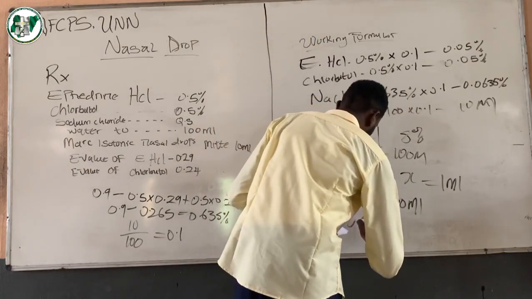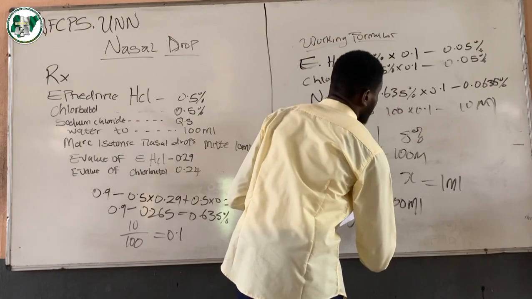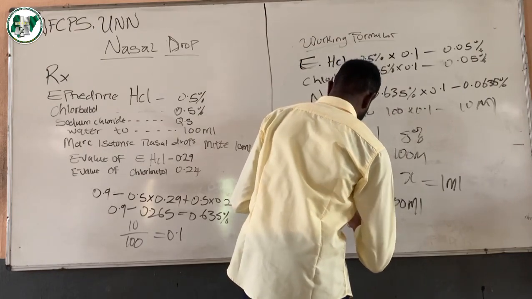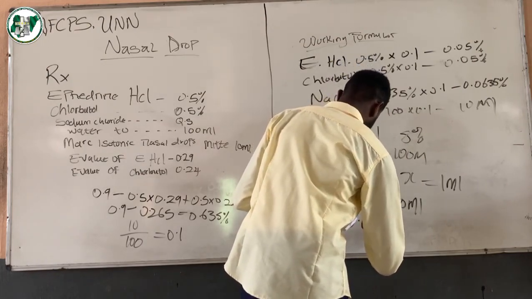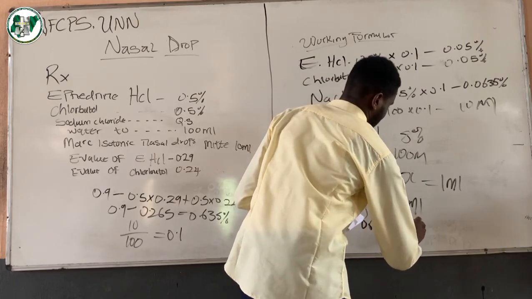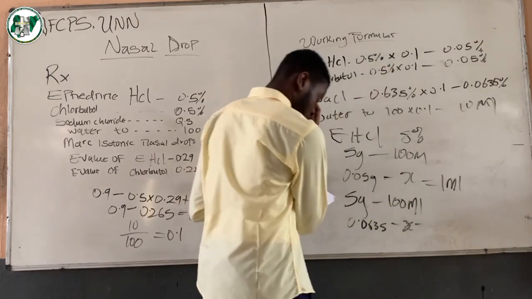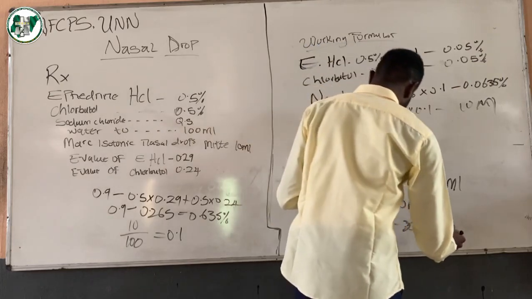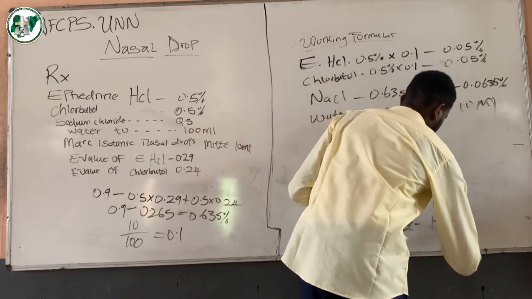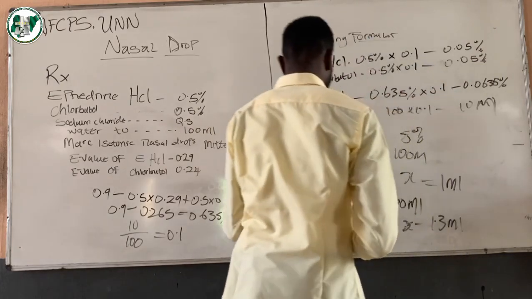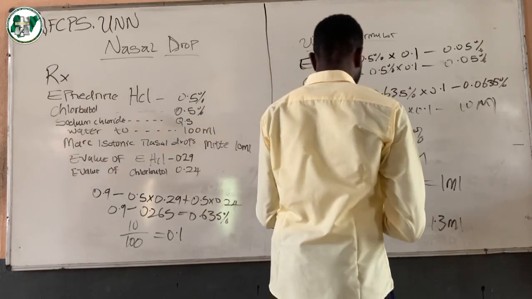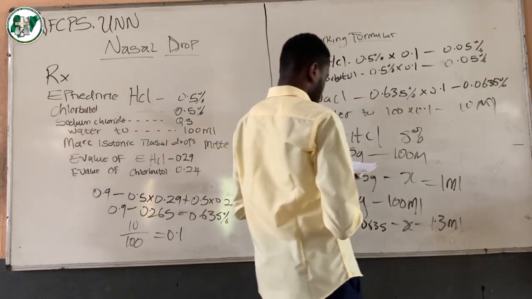Then 0.0635 is in how many ml? When you cross multiply that, you'll be getting 1.3 ml. So this is our working formula.